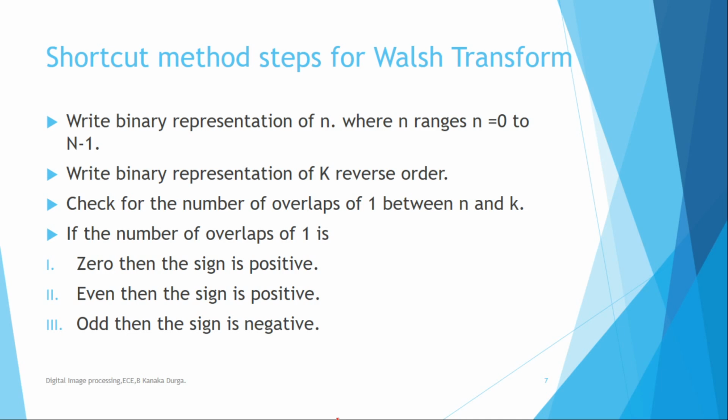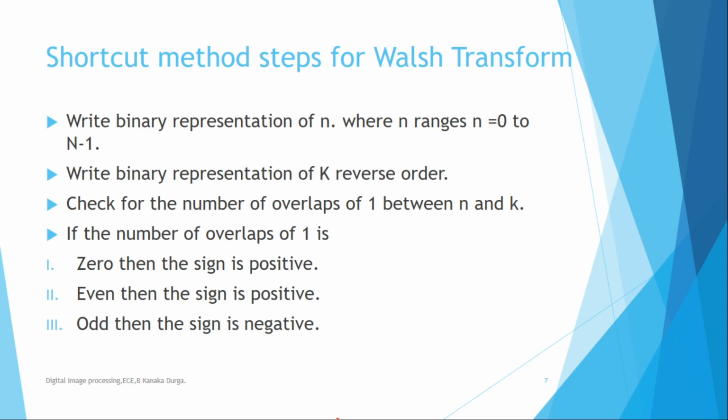So the first step of the shortcut method to get the Walsh transformation is to write the binary representation of n, where n ranges from 0 to capital N minus 1. Suppose capital N is 4, then small n has to run from 0 to 4 minus 1, which is 3. Next, write the binary representation of k, which is the frequency domain representation.